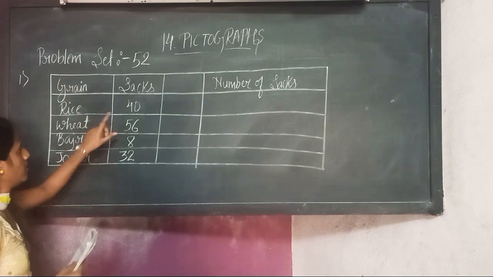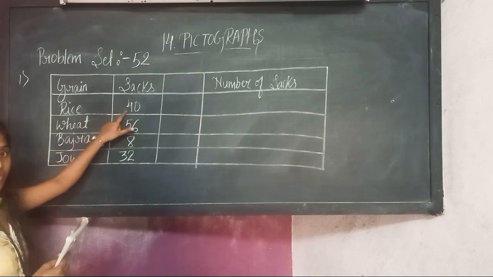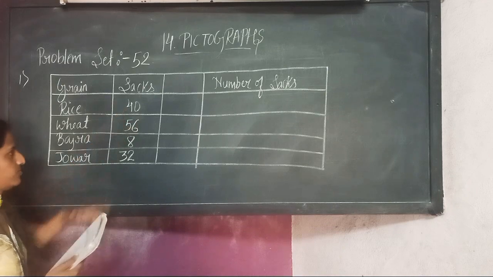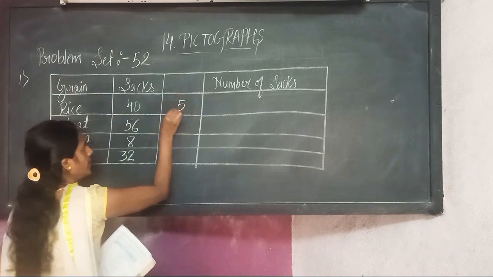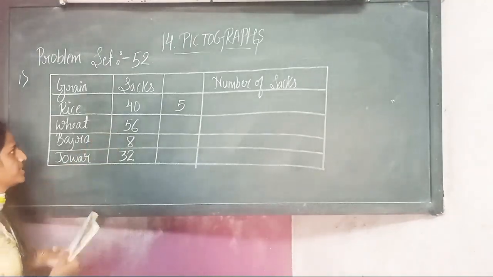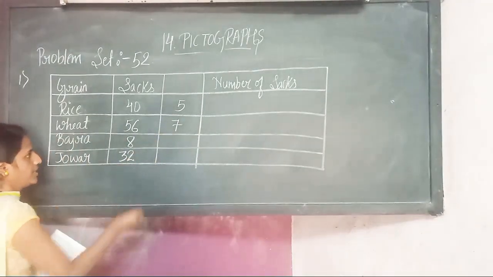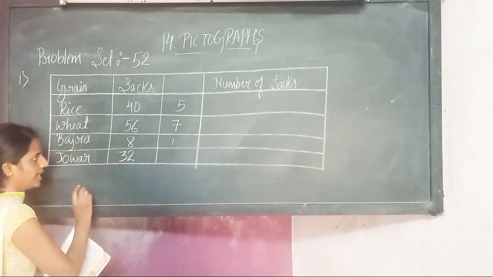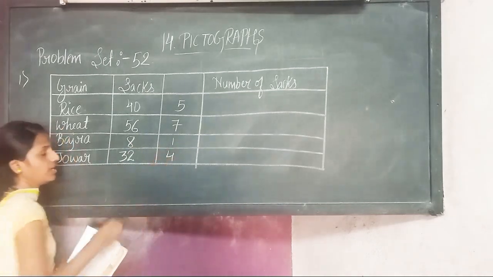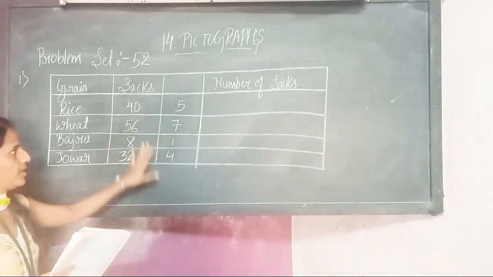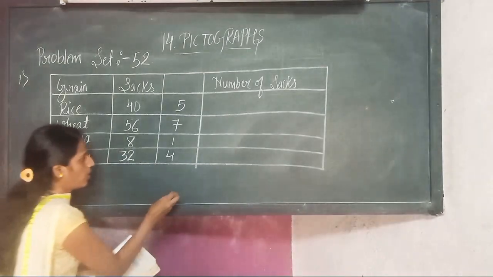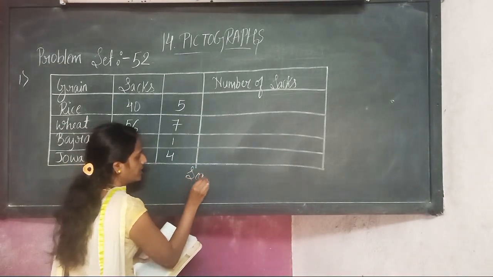First check for 40. In the table of 8, 8 fives are 40, so here we will write 5. And 56: 8 sevens are 56, we will write 7 here. 8 ones are 8, and 8 fours are 32. So which table have I used here? The table of 8. So how will we write the scale?